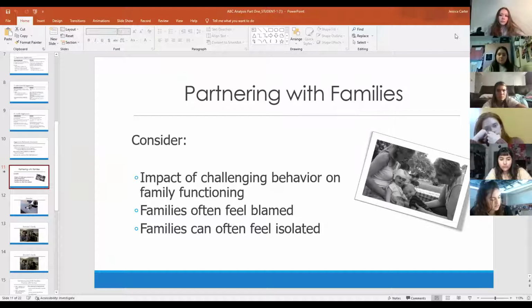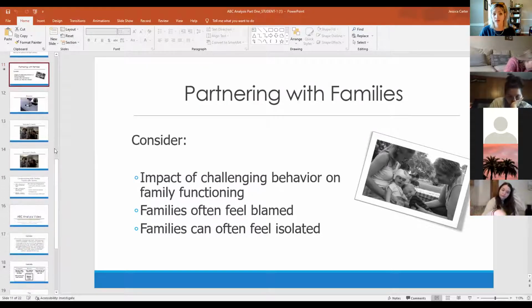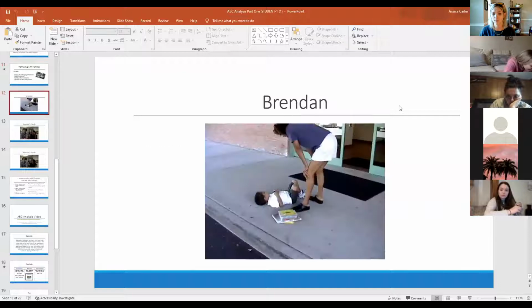And so when we are having these communications with families about these types of behaviors, we need to consider that they already know that their child is doing things that are presenting challenges. I'm sure it's not just happening at school. What we don't want to do is make families feel further isolated or like they're being blamed for their child's behavior, because they may feel just as at a loss. And so we want to communicate that we are partnering with them and not casting blame on them.